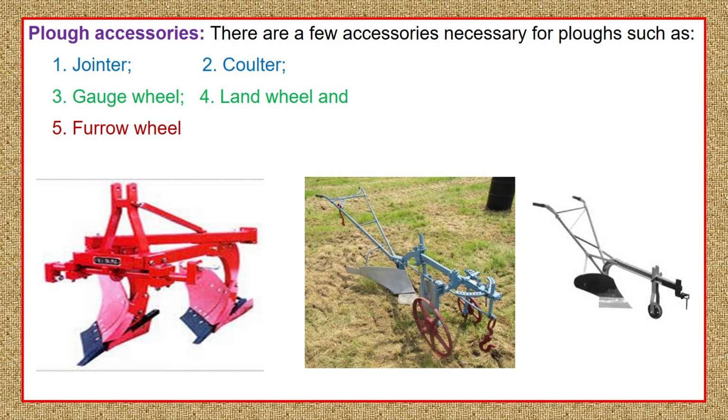So in order to make the work easy and let the plough go deeper to a desired depth, it comes with wheels like the land wheel and furrow wheel. The land wheel and furrow wheel carry the weight of the implement to go deeper to a depth set by the gauge wheel. The implement depth is controlled by the gauge wheel, and soil resistance in front of the main plough bottom is reduced by using a jointer or coulter.